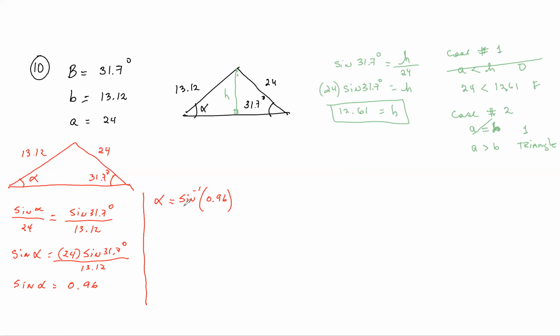Use the calculator. The inverse sine of 0.96 will be 73.73 degrees.